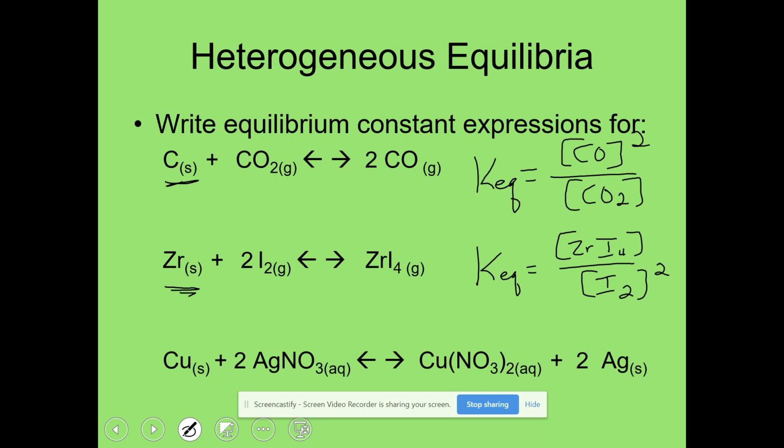On the bottom one, you're not going to include the silver or the copper as solids. So it would just be the concentration of the copper nitrate over the silver nitrate squared.